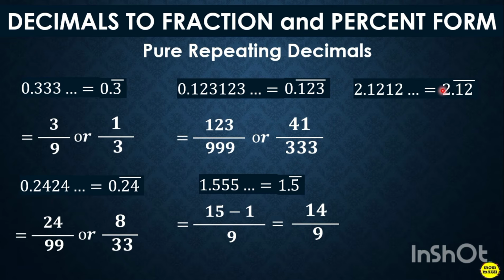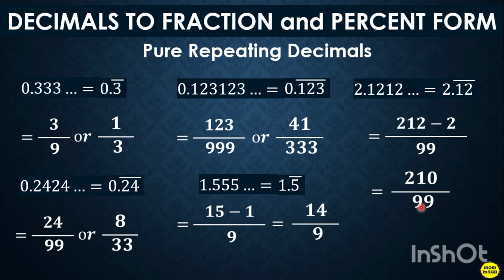So, copy rin natin, 2, 1, 2. Yan. And then, minus, since 1 ito, minus 2 ito, so minus 2. Over, ilan ang repeating digit mo? Dalawa, so 99. So, let us solve. We have 210 over 99. Pwede pa natin to i-lowest term, that is 70 over 33.